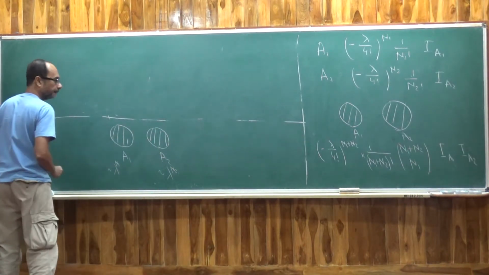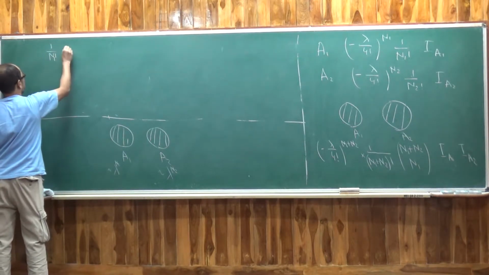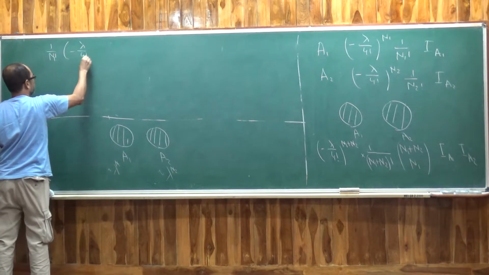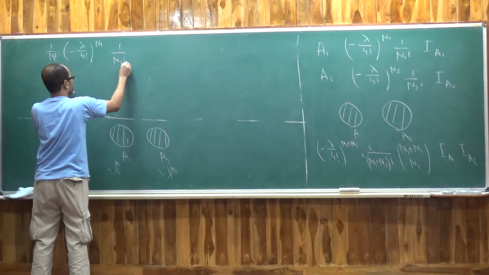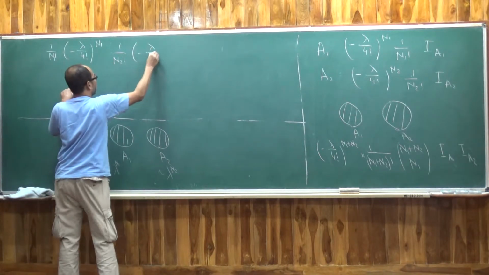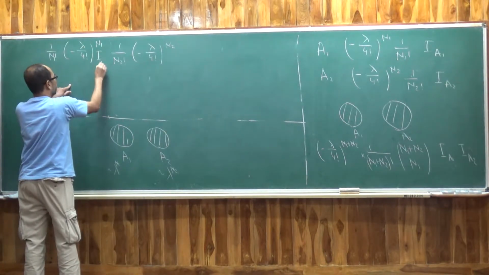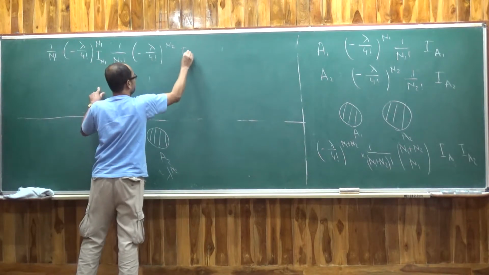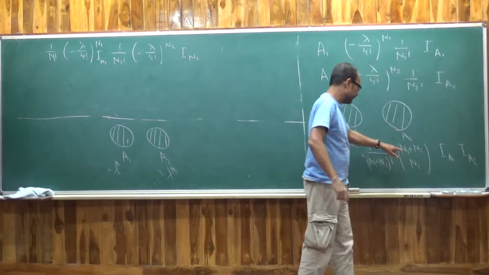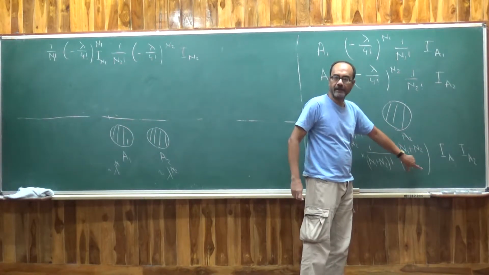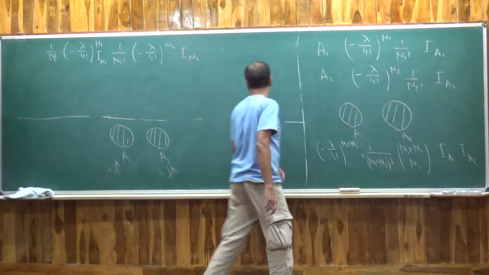So this gives you 1 over n1 factorial, minus lambda over 4 factorial to the power n1, 1 over n2 factorial, minus lambda over 4 factorial for n2. Let me write I n1 here, I n2 here, because n1 plus n2 choose n1 is just n1 plus n2 factorial divided by n1 factorial times n2 factorial. That cancels this. This just becomes 1 over n1 factorial times 1 over n2 factorial. That's what I have written there.